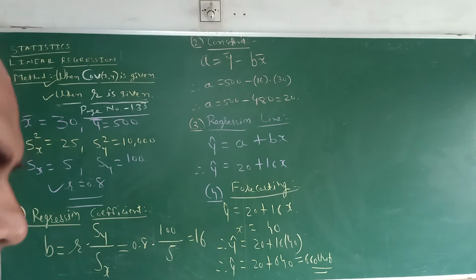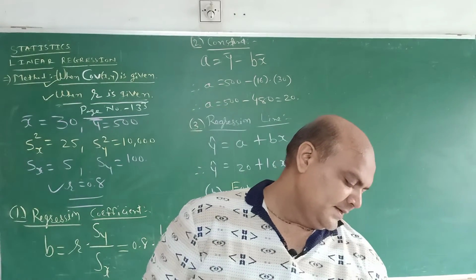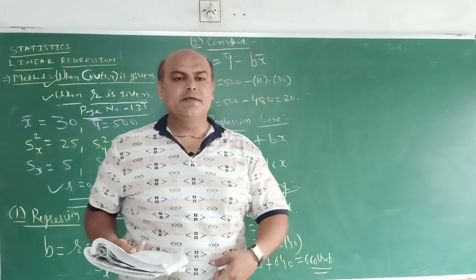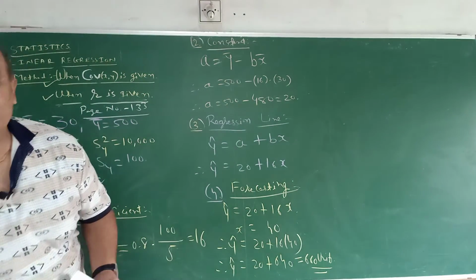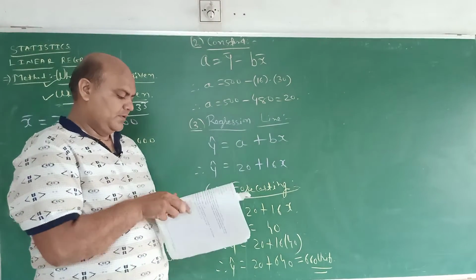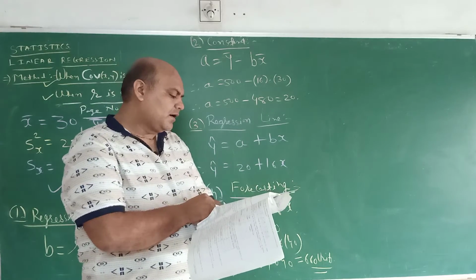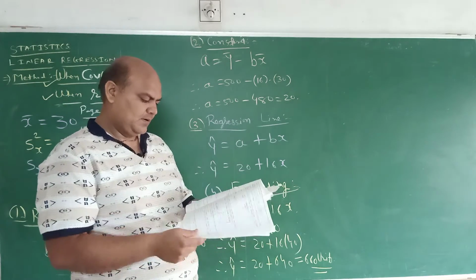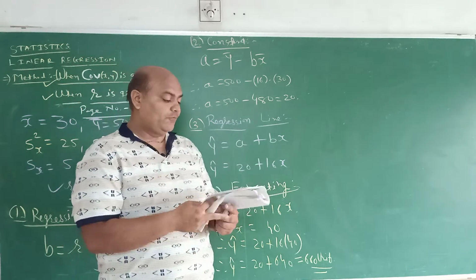Now we take another sum when covariance xy is given in the question. We take such a sum in which covariance xy is provided. So students, come to page number 137 of your textbook.